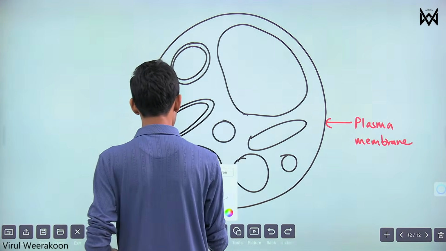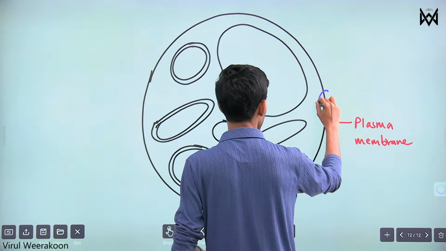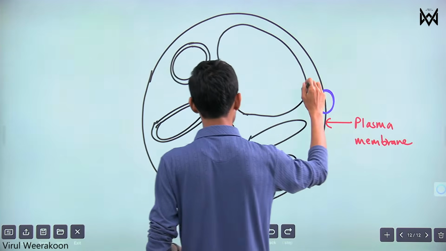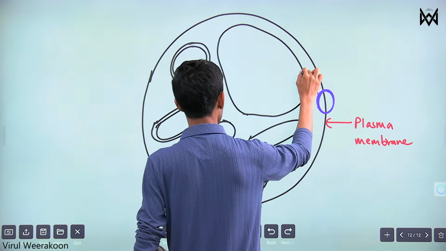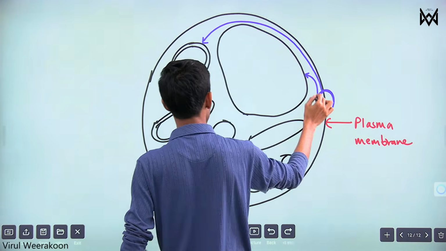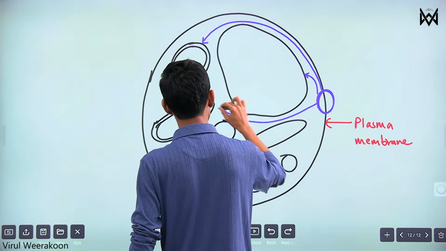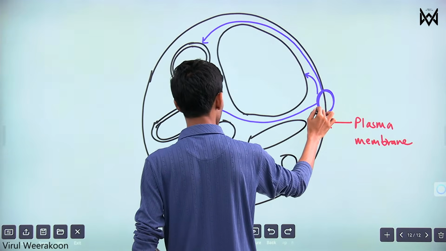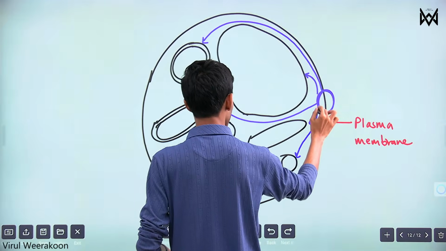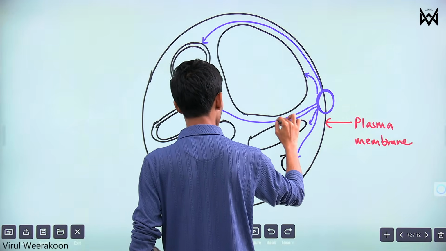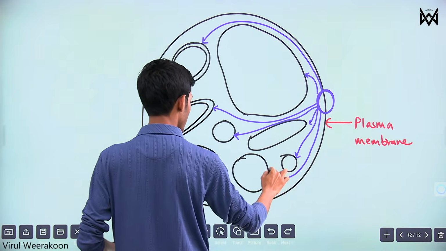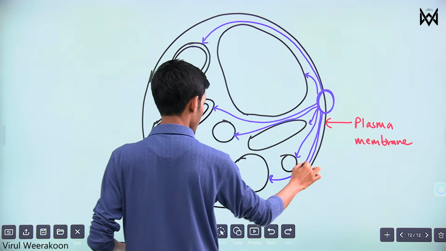If you take a certain part of the plasma membrane structure, it is found here, and in this one, and in this one, and in this one.